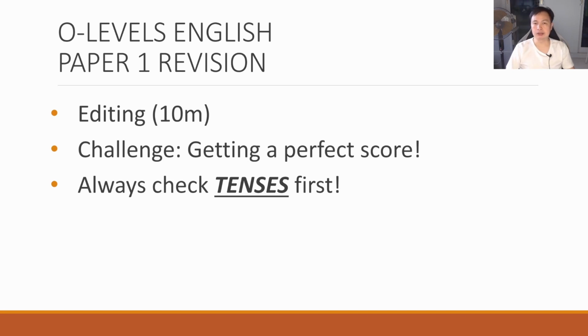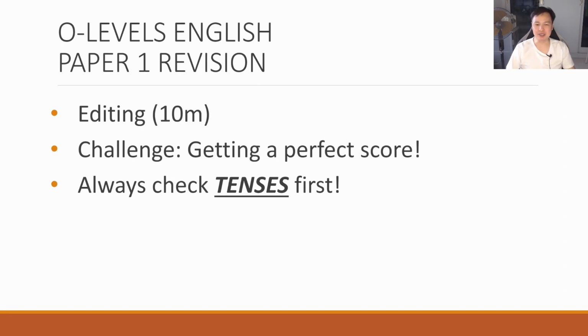But that's not always the case. So read carefully, because sometimes there may be a change of tense within the text itself, right? So the first part could be past tense, and then there are some sentences that are embedded in the text that are supposed to be in present tense. So if you assume that everything is in past tense, you're going to make mistakes, right? Some of my students even wrongly assumed that past tense is the only tense that they should change to, right?